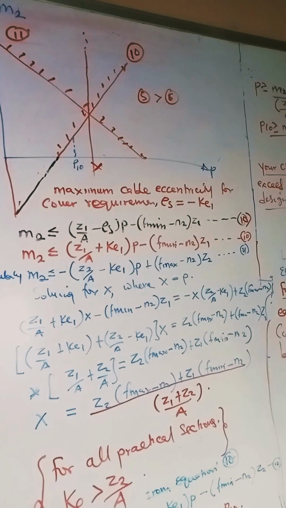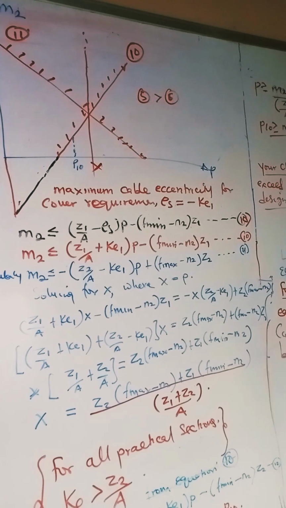Equation 10 is further simplified: M2 less than (Z1 over A plus Ke1), all enclosed in bracket, P minus fiber stress minimum minus N2, into bracket Z1. That gives us the equation.